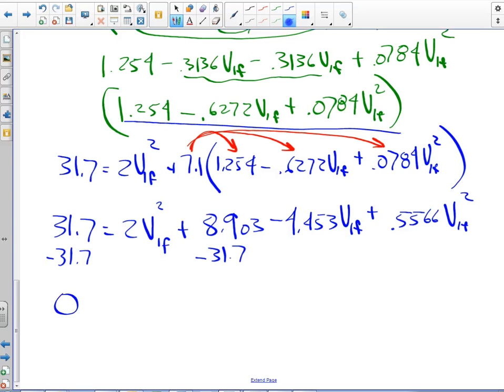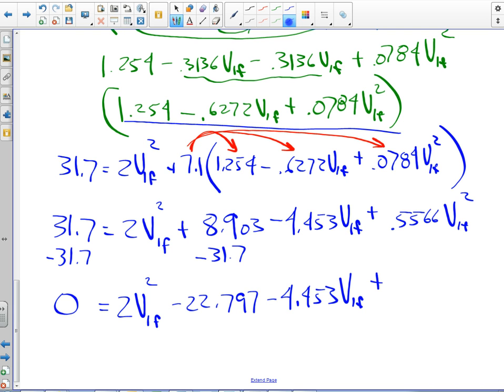We'll have 0 on the left equals 2 V1 final squared, and 8.903 minus 31.7 is negative 22.797, minus 4.453 V1 final plus 0.5566 V1 final squared. So let's clean this up a little bit.